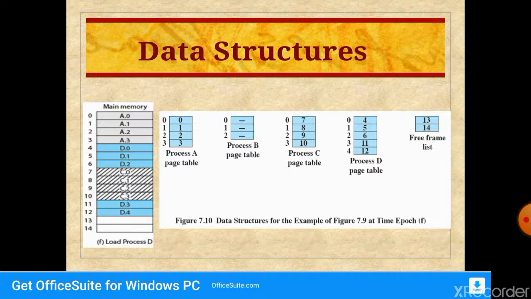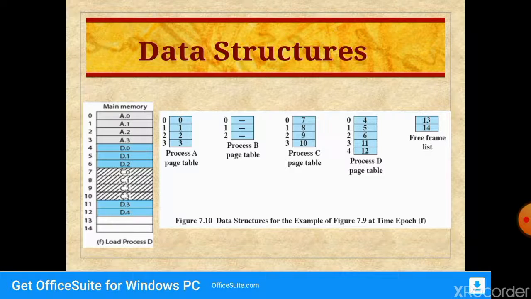Similarly, process B was not loaded into main memory, so the frame numbers of process B are left empty in this table. Process C has occupied frame numbers 7, 8, 9 and 10 in main memory, and process D frames 4, 5, 6, 11 and 12.